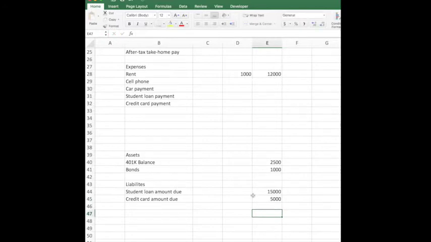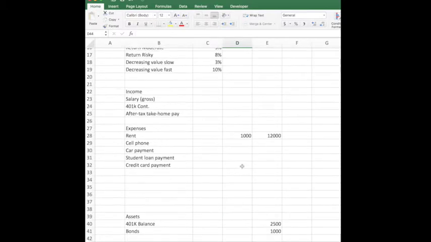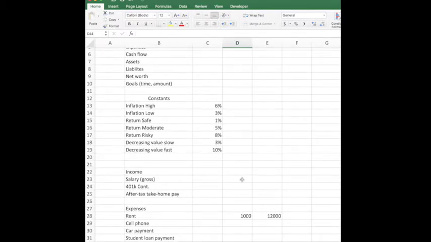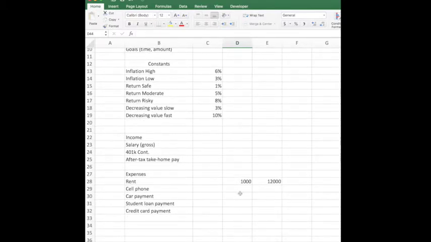We don't want that. But you don't need to do monthly here. That's not important. But it is up here, income and expense wise, because you want to see what you're charged every month, so you can adjust.